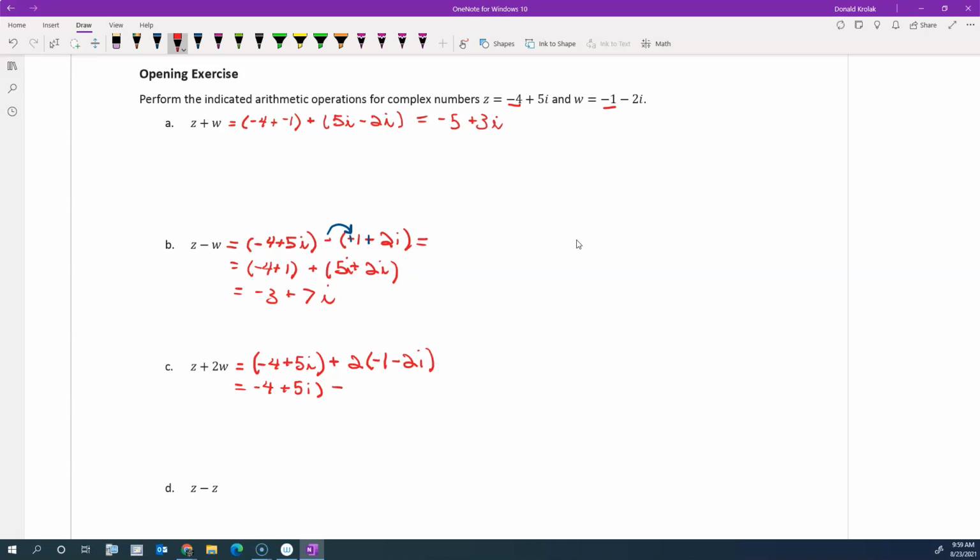Now I'm going to have plus, I got -2 minus 4i. I'm just distributing, just like old-fashioned algebra. Then I got like terms, -6, like terms, 1i.